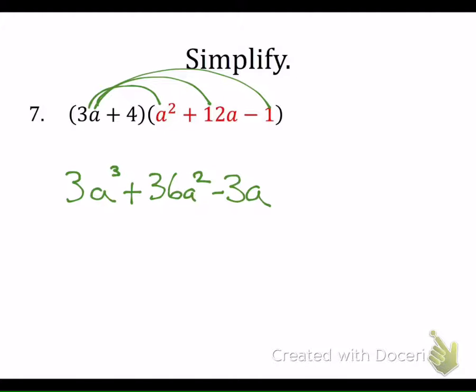Good. Then what? Good. So plus 4a to the 2nd, plus 48a, minus 4.